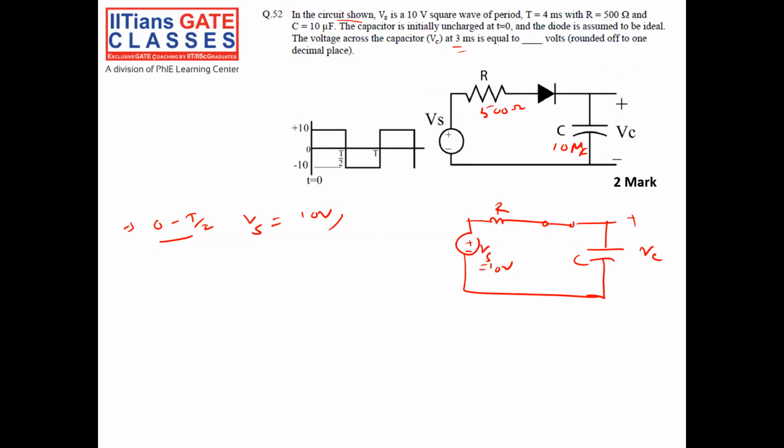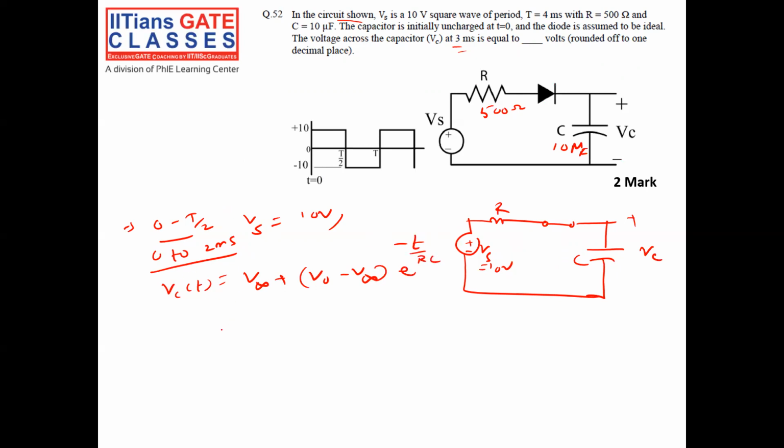From 0 to T by 2, that is, for 2 millisecond, the capacitor will charge. You know, Vc(t) is equal to V infinity plus (V0 minus V infinity) into e power of minus t by RC.